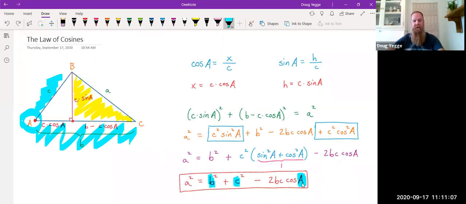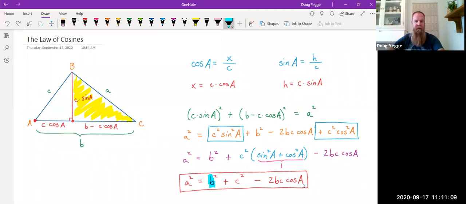But notice that I just labeled these sides arbitrarily. I labeled angle A down here when I could have called it angle C. And I labeled this angle B when I could have called it angle A. And I labeled this angle C when I could have labeled it A or B or whatever it is.